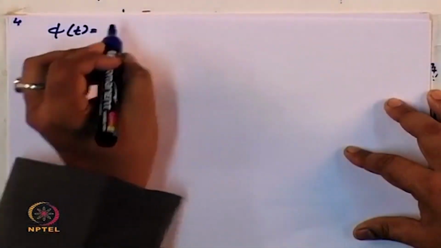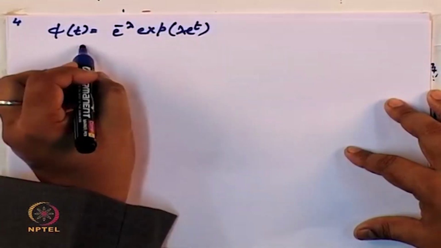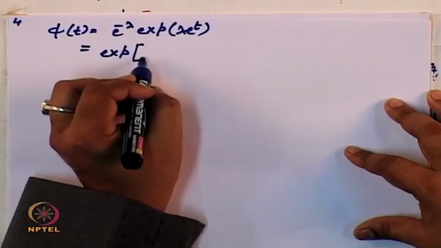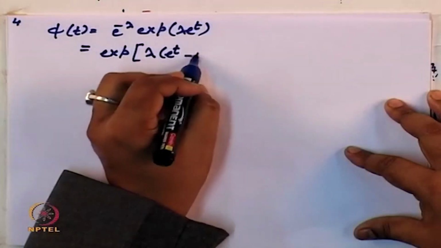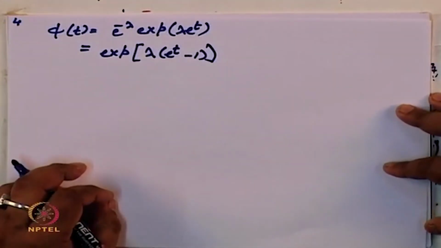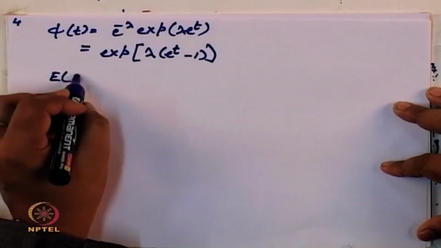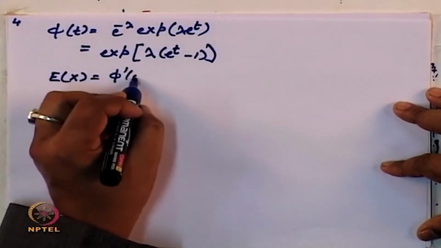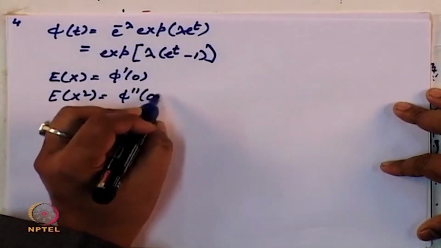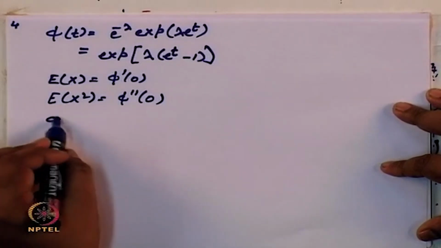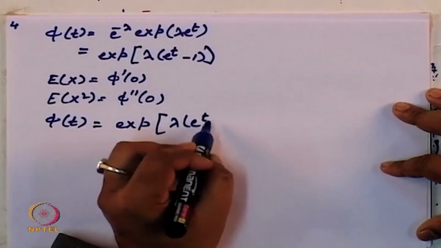Once more, phi(t) is e^(-lambda) exp(lambda e^t), which I can write as exp(lambda (e^t - 1)). How do I calculate the expectation? I know that the expectation of x is equal to phi prime of 0 and the expectation of x squared is equal to phi double prime of 0. So phi of t is given by exp(lambda (e^t - 1)).